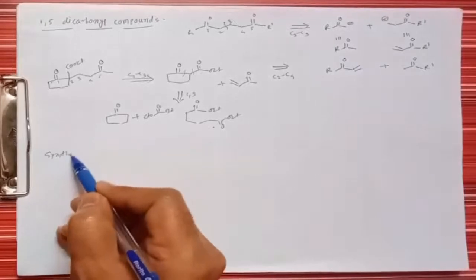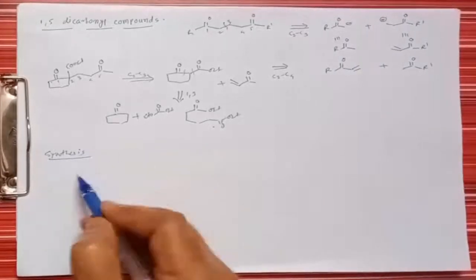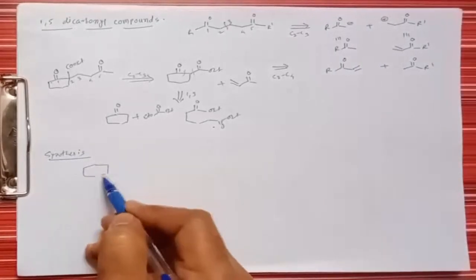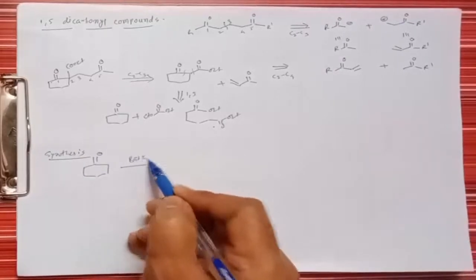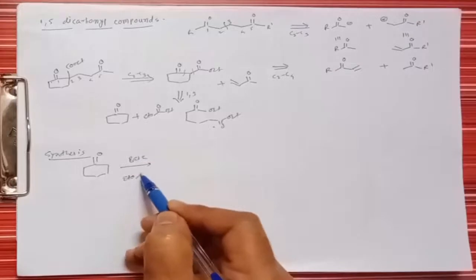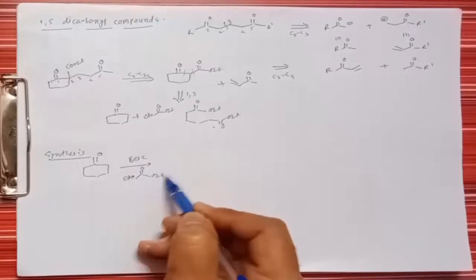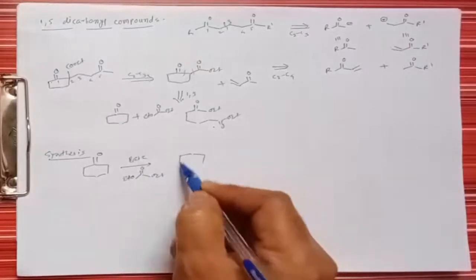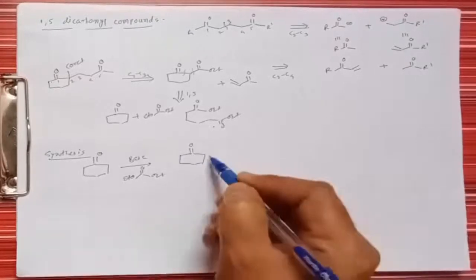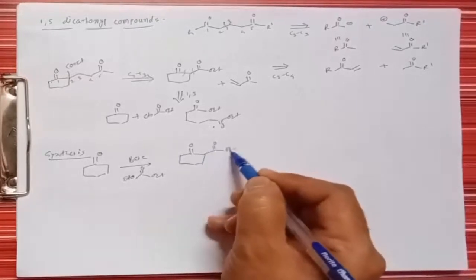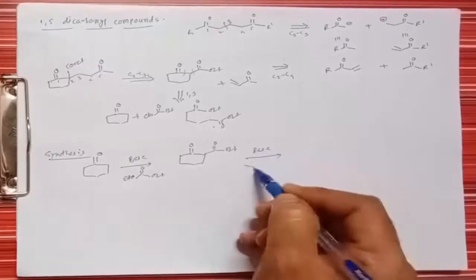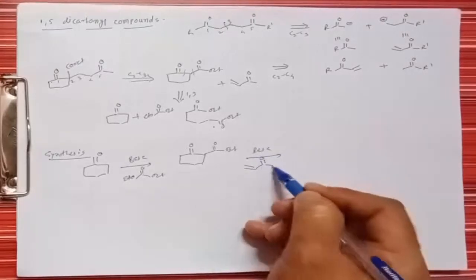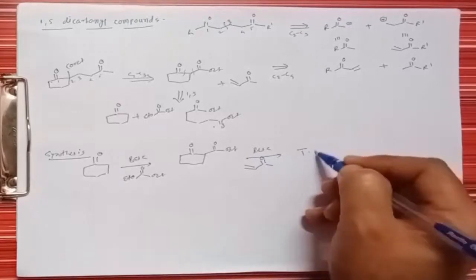If you synthesize, take this cyclohexanone and treat it with base in the presence of this ethyl formate. Then it gives this 1,3-dicarbonyl compound. If we treat this molecule with base along with this olefin, it gives the target molecule.